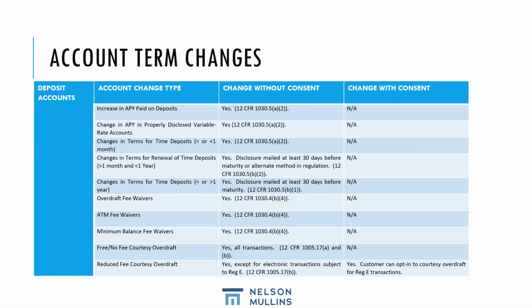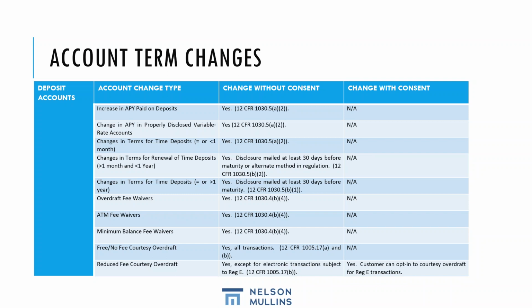One of the things we post on our website, and I've actually got the link here in the presentation that'll be sent to all the participants today, is be aware there's a whole series of federal regulations that change or impact what it is you can and can't do with either deposit accounts or different types of consumer loans. Sometimes it will require the consent of the borrower, or sometimes it'll actually trigger redisclosures.